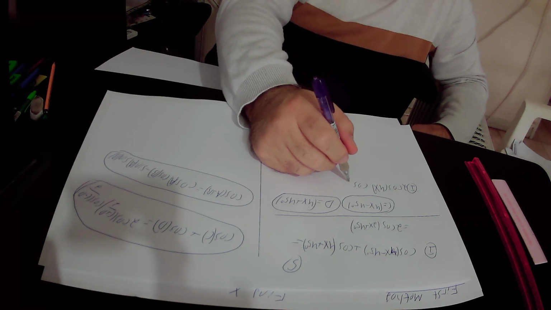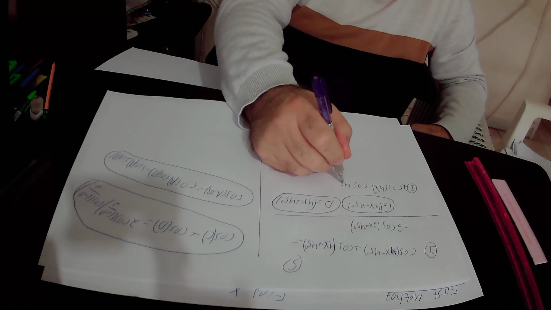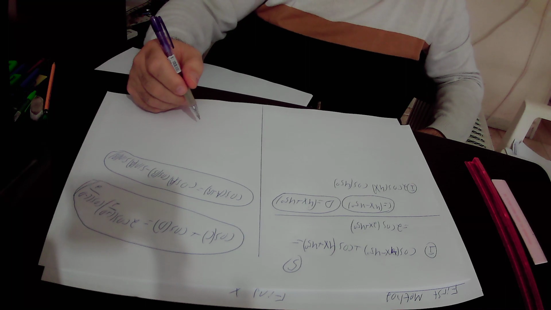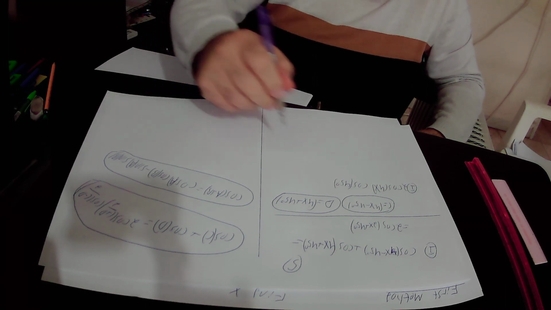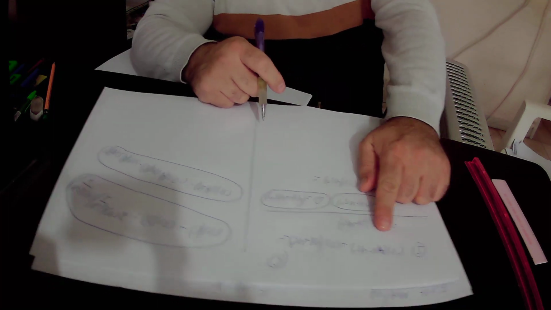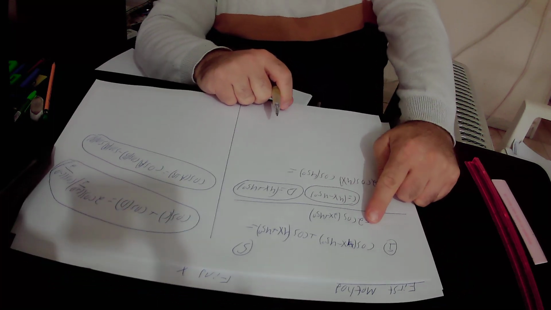But cosine minus 45 degrees equals cosine 45 degrees according to the trigonometric identity that cosine minus x equals to cosine x. Okay, so we finished this side of equation number 1.